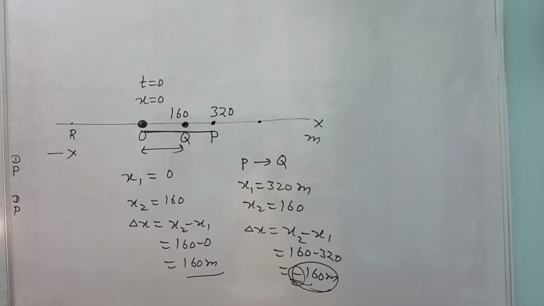This cannot be 0, cannot be negative for moving object. But on the other hand, displacement is the shortest path between initial point or starting point and final point or ending point. It may be positive, it may be negative, it may be 0.